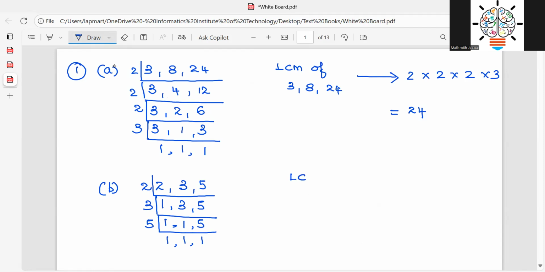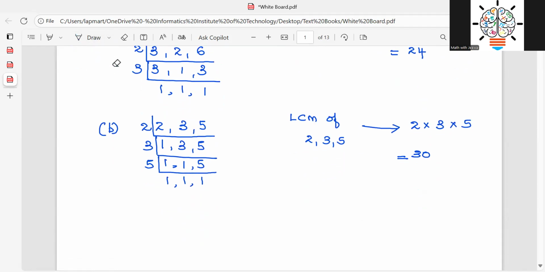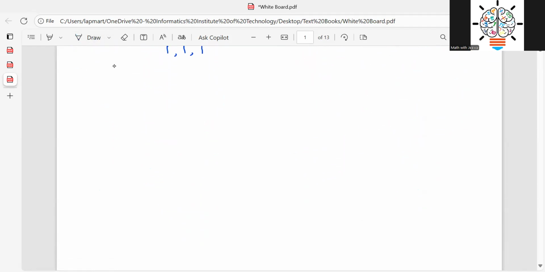So how do you write the LCM of 2, 3, 5? That is 2 times 3 times 5. 2 times 3 is 6, 6 times 5 is 30. Check your answers.